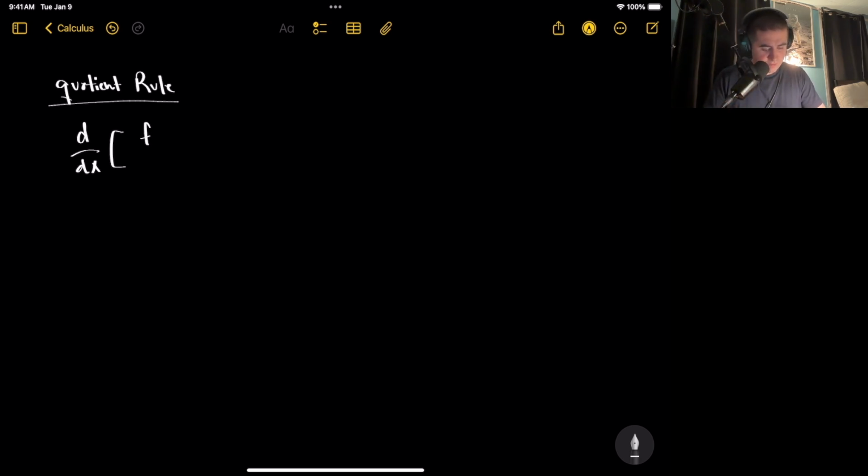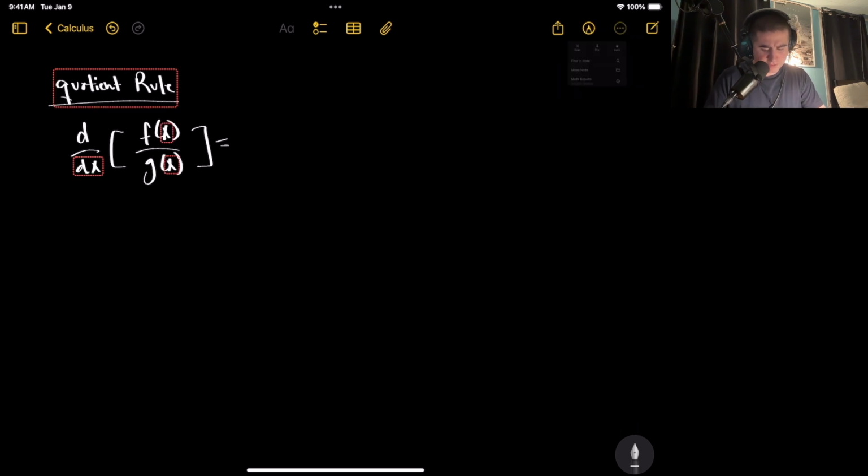Quotient rule. What we have for the quotient rule is the derivative of a function divided by another function, f of x divided by g of x.